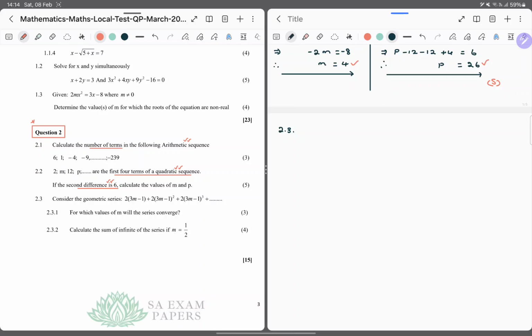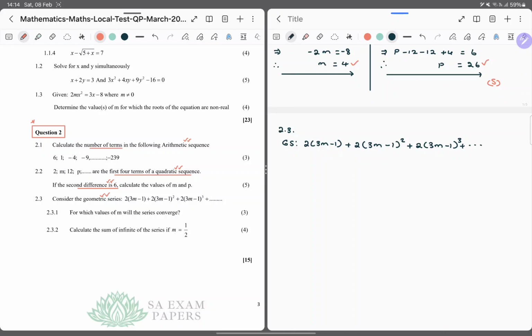Now 2.3, we need to consider a geometric series. We are told what it is. So we've got a G as 2 into 3m minus 1 plus 2 into 3m minus 1 squared plus 2 into 3m minus 1 cubed, and we are told it continues like this.